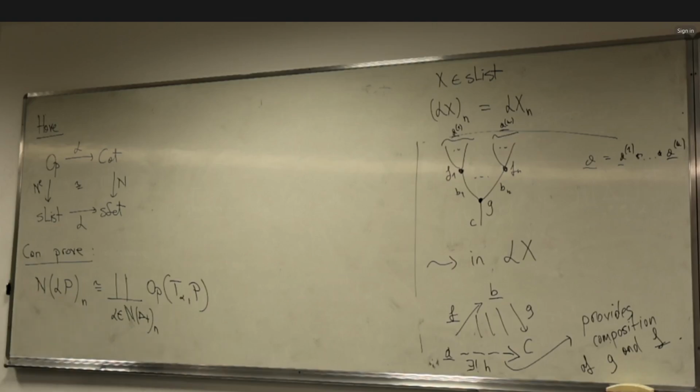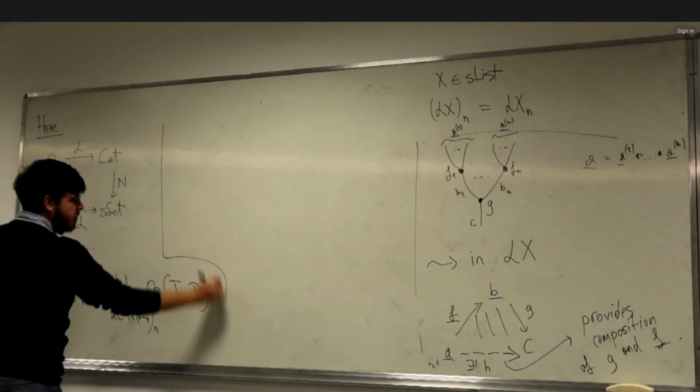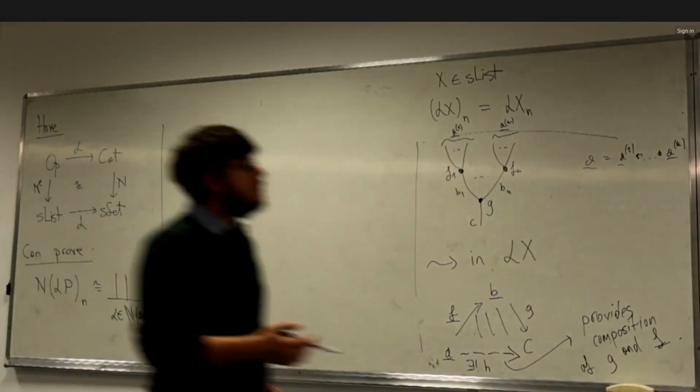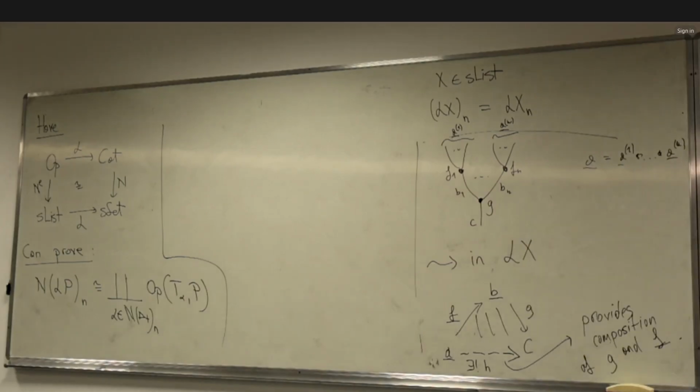So this is, pictorially and intuitively, fairly straightforward. So we can explain it with a little picture. So let's say you do LP. Look at this picture. So this would be in the nerve of LP1. This is just a morphism. Now, anything in the nerve of LP1, we know is a sequence of operations.